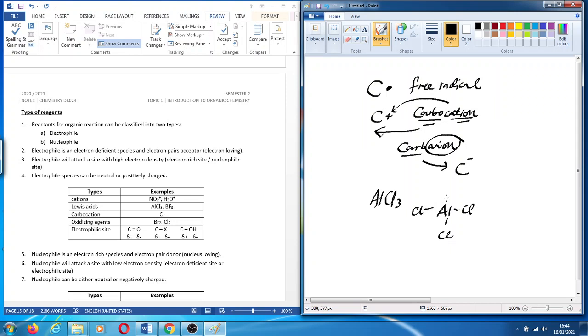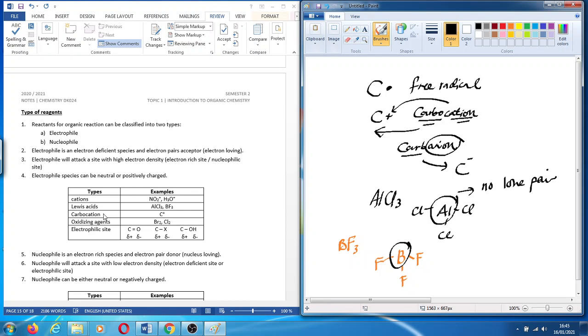No lone pair at the center atom. This is the center atom. No lone pair. Thereby, it cannot donate the electron. Same for BF3. When we draw the Lewis structure, we get B, F, F. No lone pair will be at the center atom. Thereby, it will be a Lewis acid.